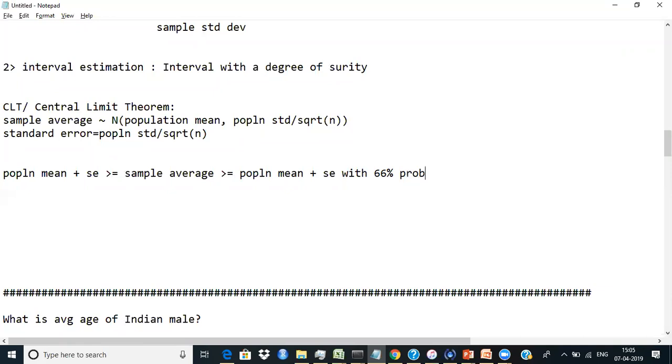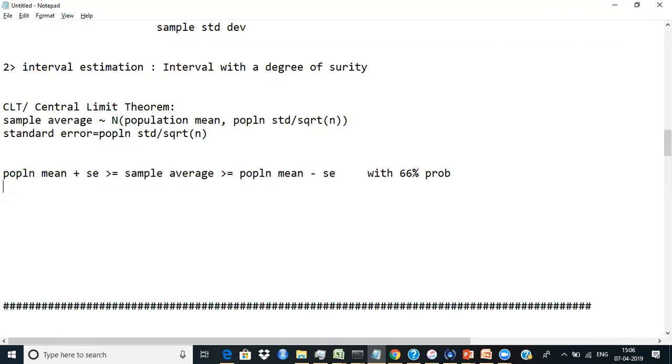Can I write this? Yeah, minus. Can I write this? Yes. Okay. With 66% probability, right? I can write this? All of you agree with this? Okay.